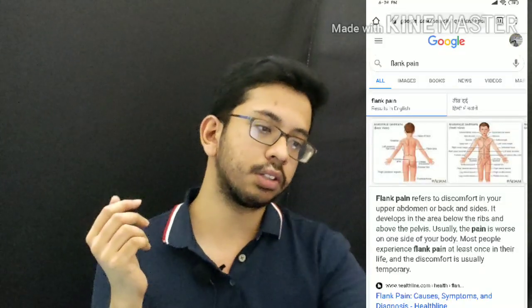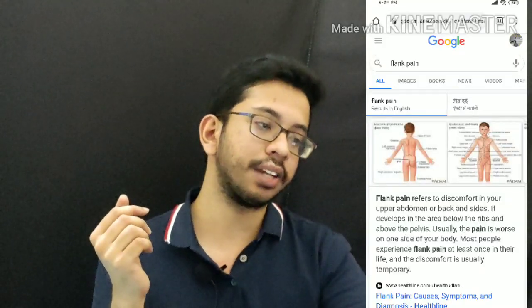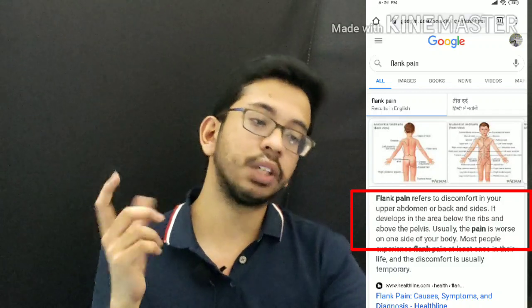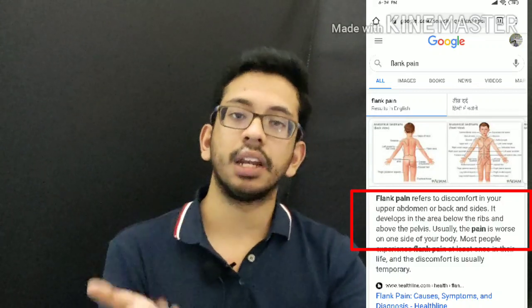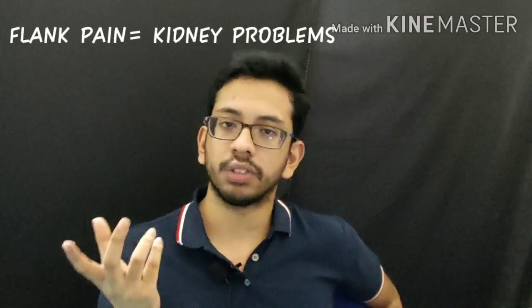Any kidney stone, kidney disease, urinary tract infection, or RCC causes a pain which is called flank pain. Flank pain refers to discomfort in your upper abdomen or back and sides. It develops in the area below the ribs and above the pelvis, which is very important. Whenever you see flank pain, always think that it is related to something kidney or a kidney disorder.